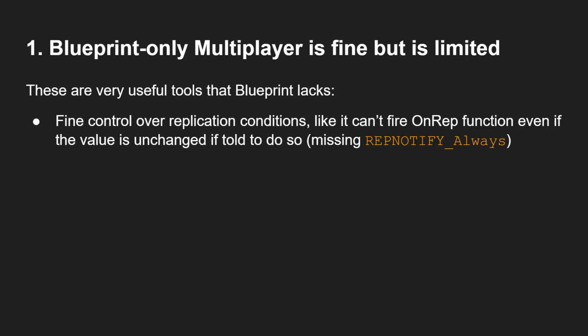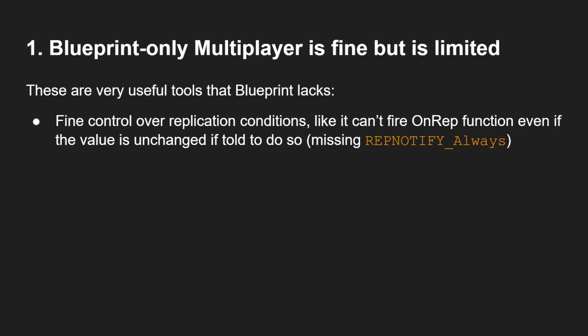Another set of tools that are missing in Blueprint is the fine control over replication conditions. So say you have a certain property in Blueprint that you're setting, and say you have this new value the same as the old value. If it's the same, then you won't be getting a replication callback triggering.